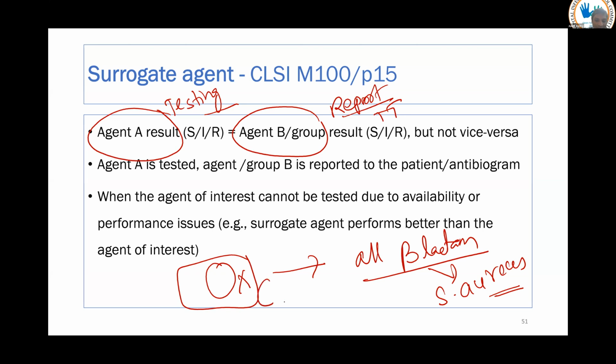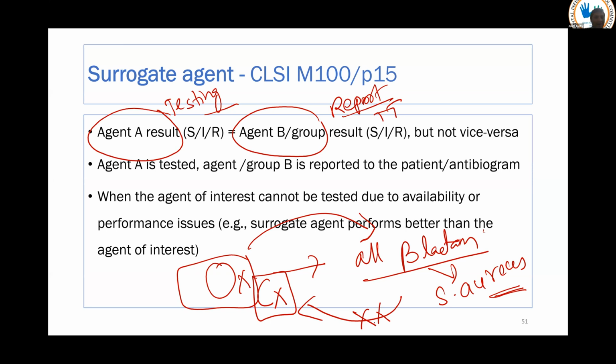Similarly, cefoxitin also is a surrogate marker for all beta lactams against Staphylococcus aureus. In this case, two things you have to remember. For surrogate agents there are two criteria. One is that agent A can be extrapolated for agent B or a group of agents, but the other way around is not correct. The same is applicable here: the oxacillin result can be extrapolated for all beta lactams, but all beta lactam results are not extrapolated for oxacillin.